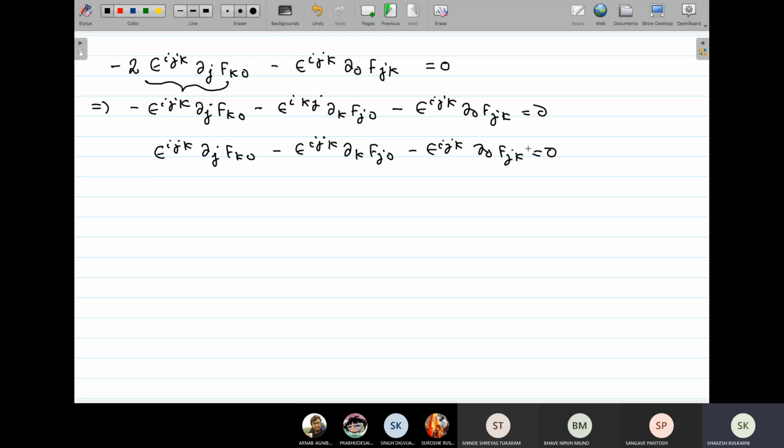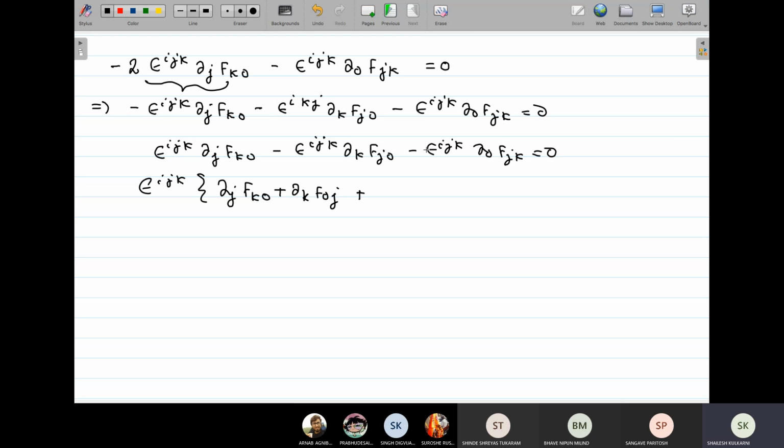Is this clear? Okay. Now I will take epsilon_ijk common. Epsilon_ijk ∂_j F_k0 plus ∂_k F_j0 is plus ∂_k F_0j.